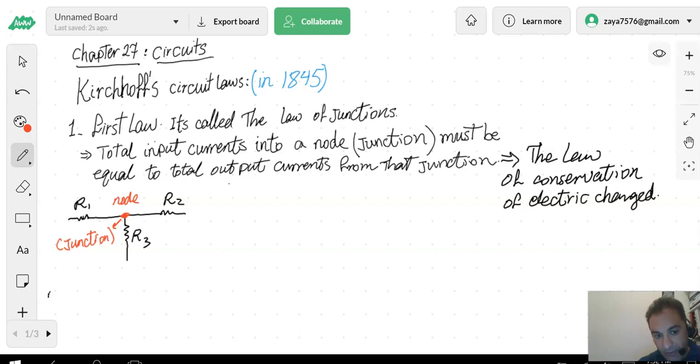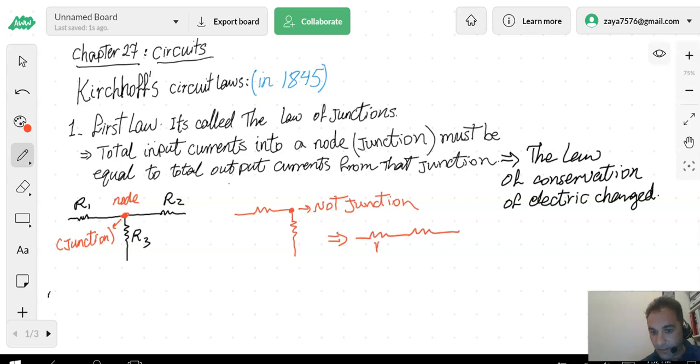If you have more than two, so this is three, then that point is called a junction. If you have something like this, this point is not a junction. Why? Because this is the same as this.